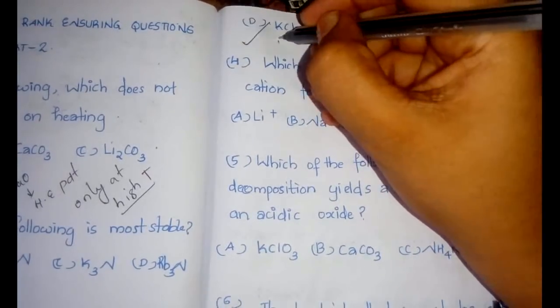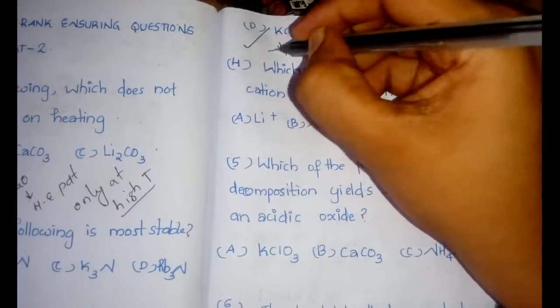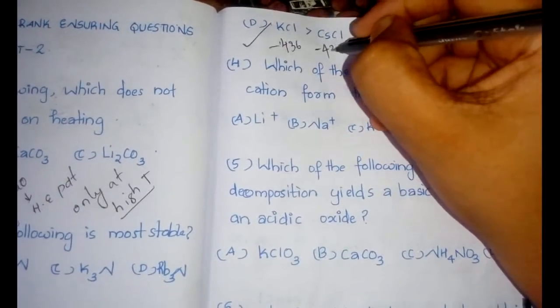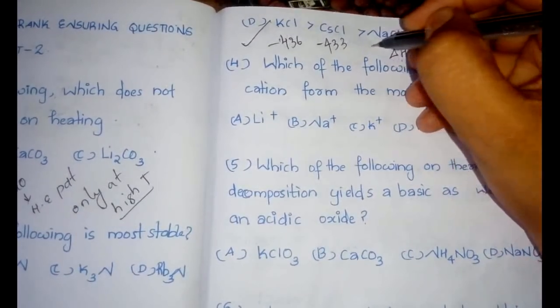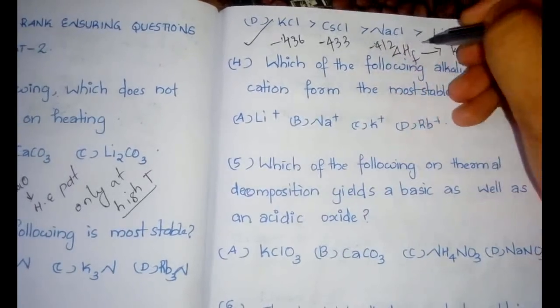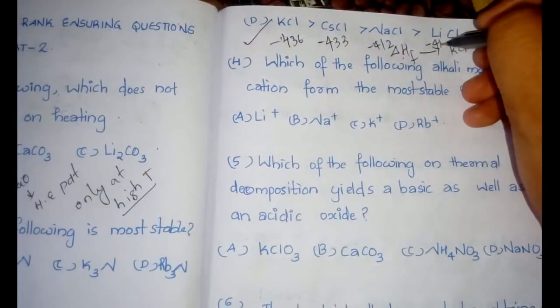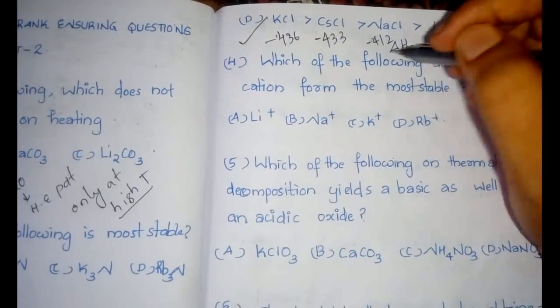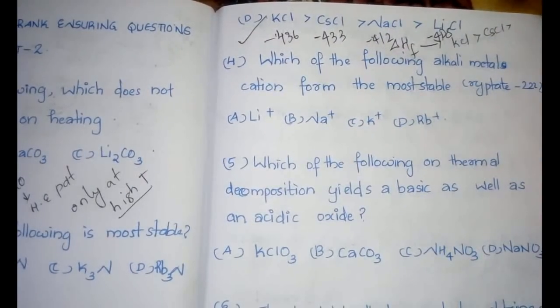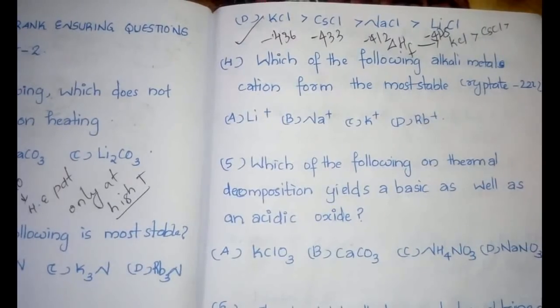I can give you the values as well. KCl has minus 436, CsCl has minus 433, NaCl has minus 412, and LiCl has minus 408. The more negative the enthalpy of formation, the more stable the product. So that's the answer.